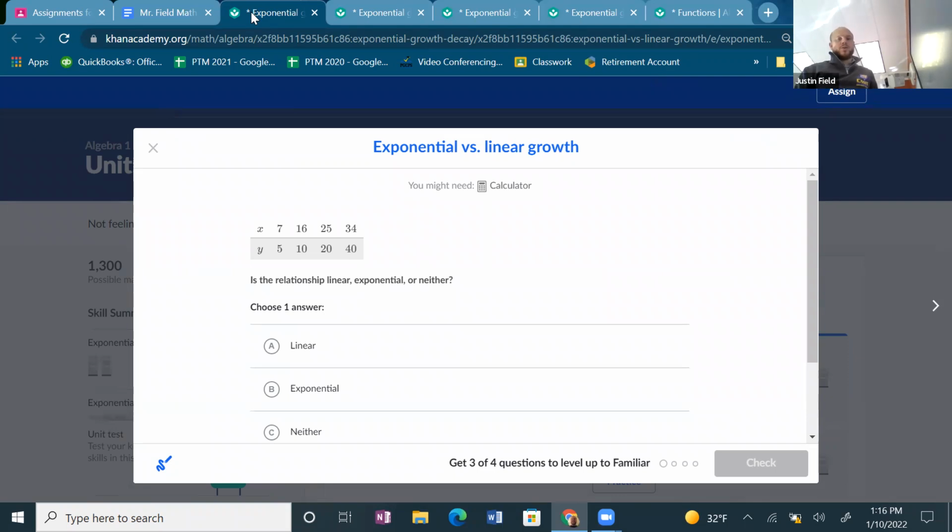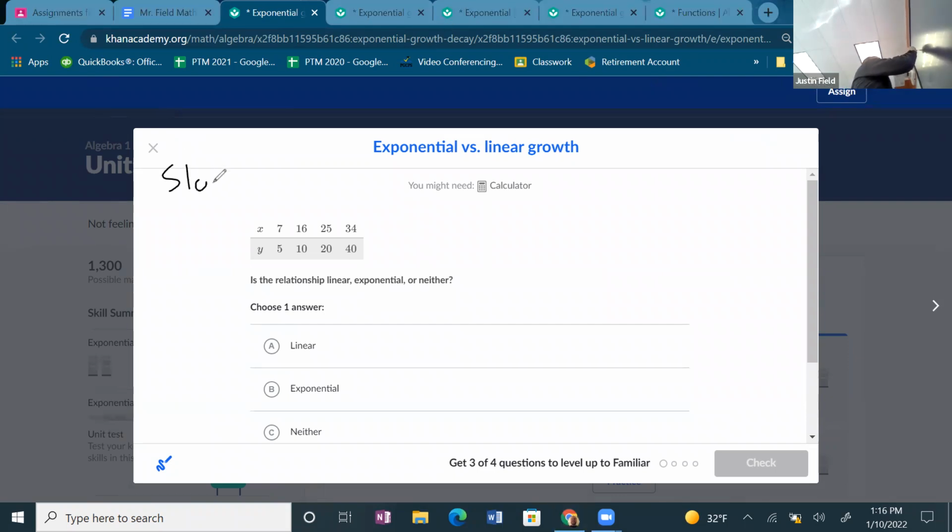So we already know that linear has a slope, right? So let's write that down. Slope, we know the slope is y2 minus y1 over x2 minus x1. That's for linear.